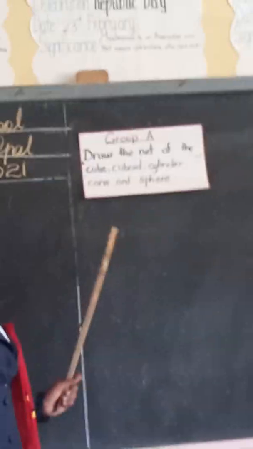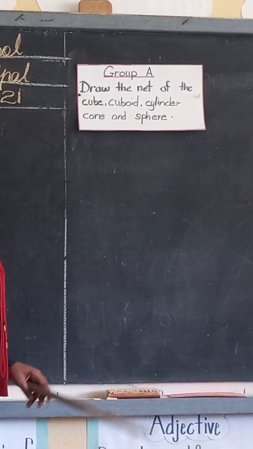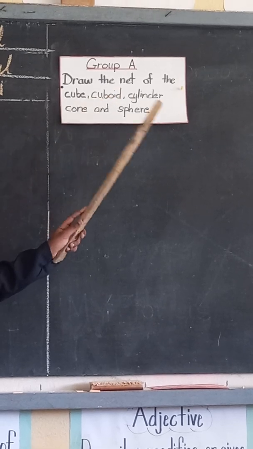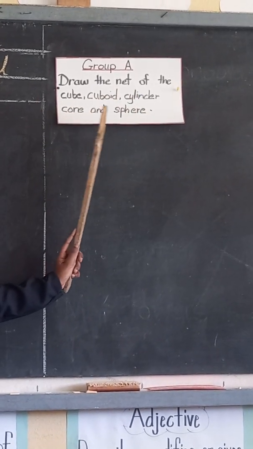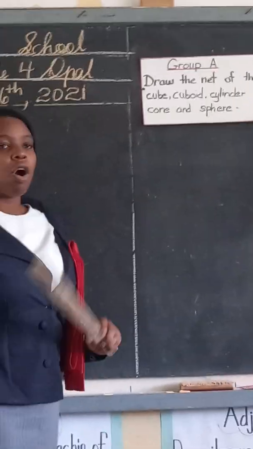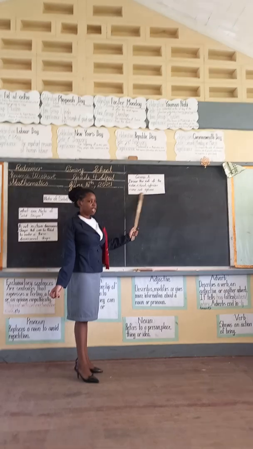Alright, so group A, pay attention. Please keep your mic muted, I'm getting feedback from somebody. Okay. Draw the net of the cube, cuboid, cylinder, cone, and sphere in your exercise book. All you have to do is draw the net of each of these shapes.